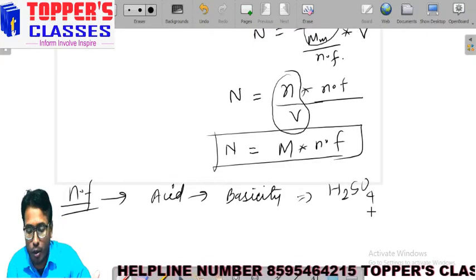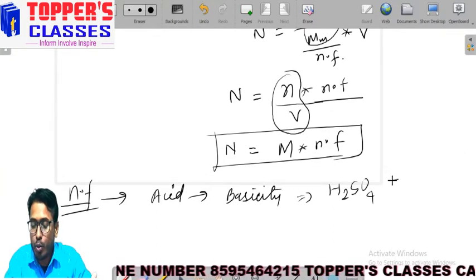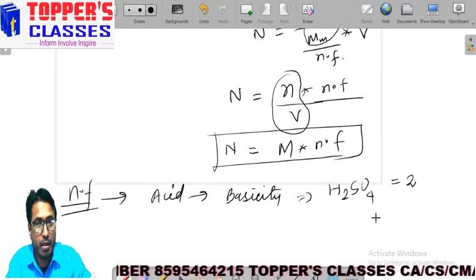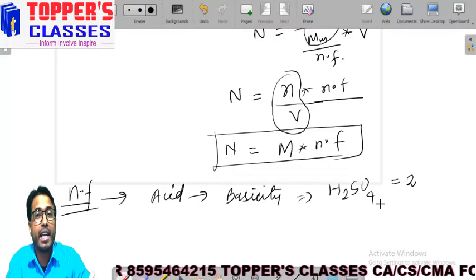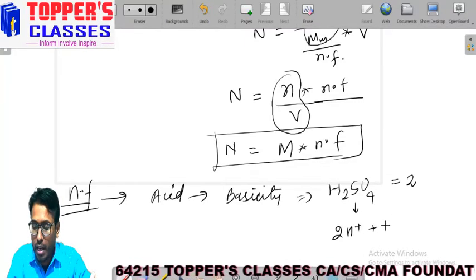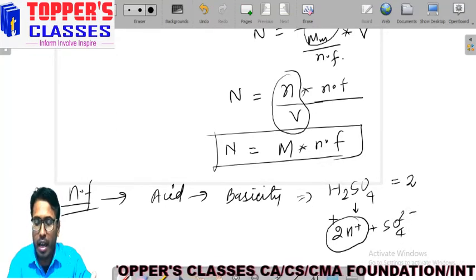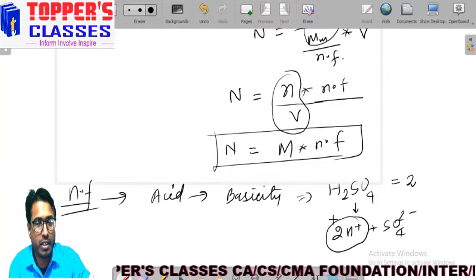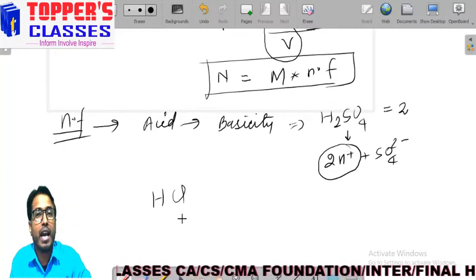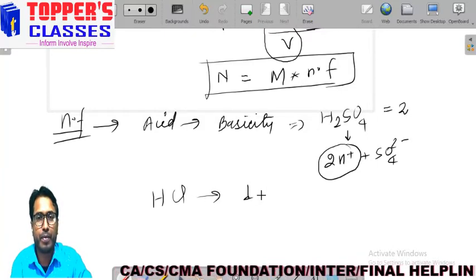The n factor of H2SO4 will be 2, because the basicity of sulfuric acid is 2. That means it can give 2H+ on dissociation, plus SO4 2-. So the n factor is 2 for this. Similarly, if we take HCl, the n factor of HCl will be 1, right?